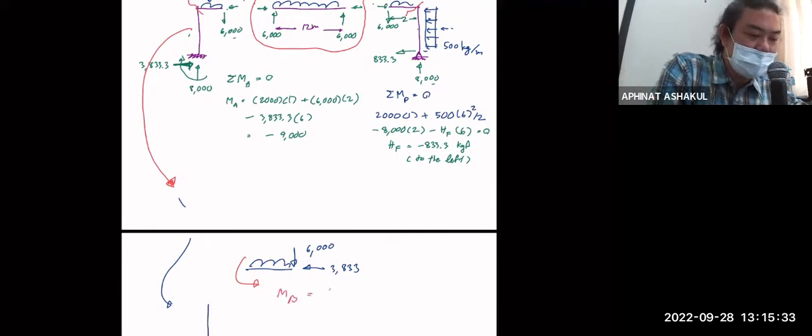MB is simply 6,000 multiplied by 2, because it's the length of the member, right? You can call it 2 meters.